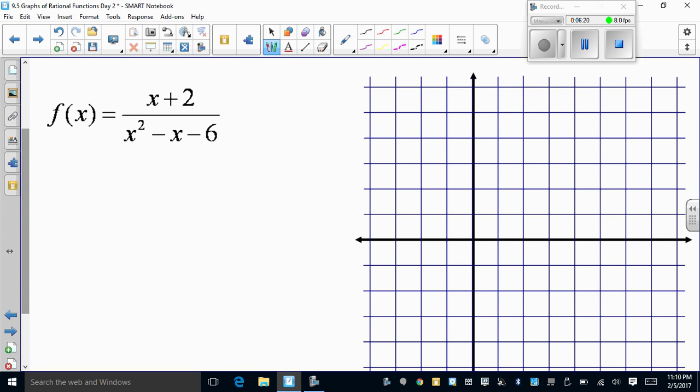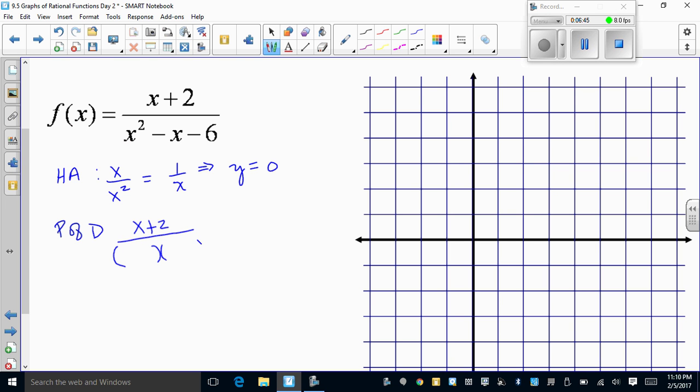Okay, so horizontal asymptote. I have x over x squared, which is going to give me 1 over x, which implies y equals 0. Point of discontinuity, well, we have to factor for that. X plus 2 over, we have negative 6, negative 1.